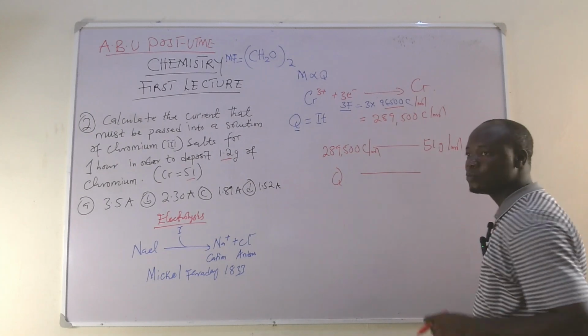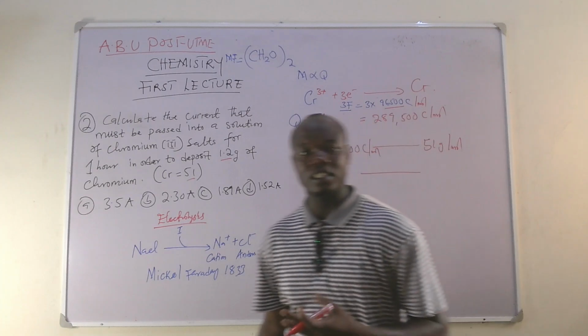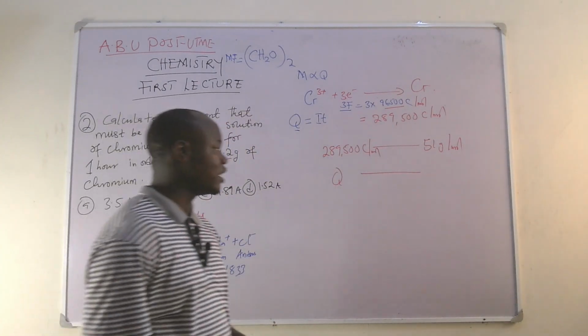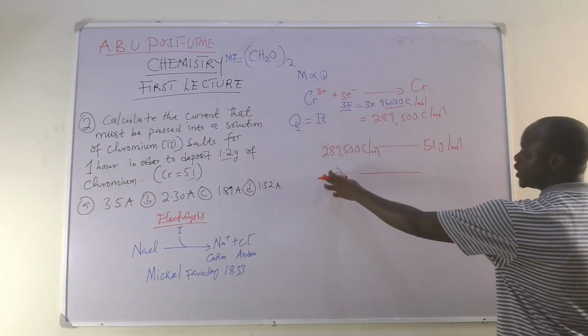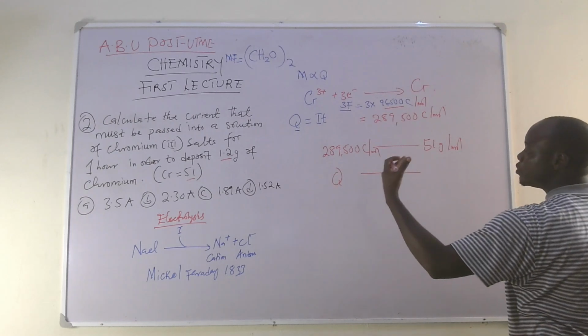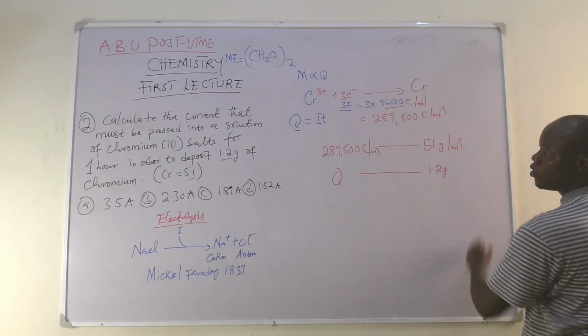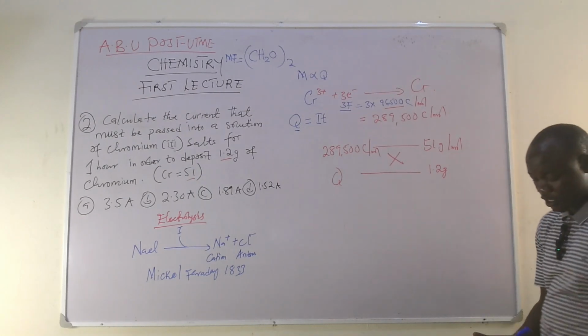As we said, the mass of the element discharged during electrolysis depends on the quantity of electricity applied. So what will be the quantity of electricity used when we have 1.2 gram of mass deposited?